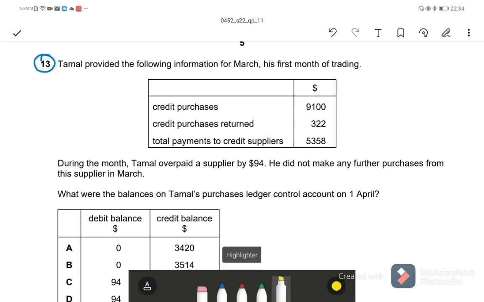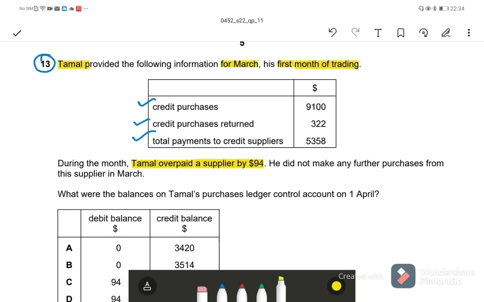13. Tamil provided the following information for March, his first month of trading. They are given credit purchase, return, total payment to credit supplier. During the month, Tamil overpaid a supplier, 94 overpaid also.